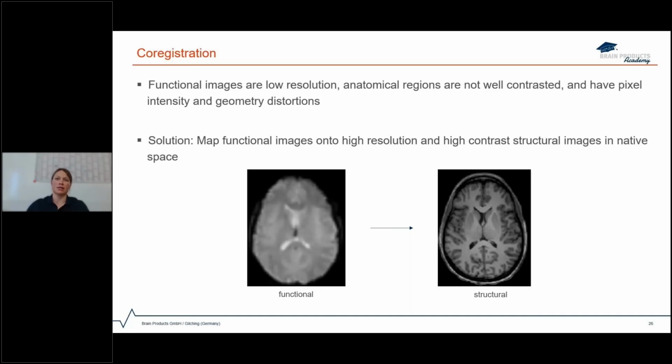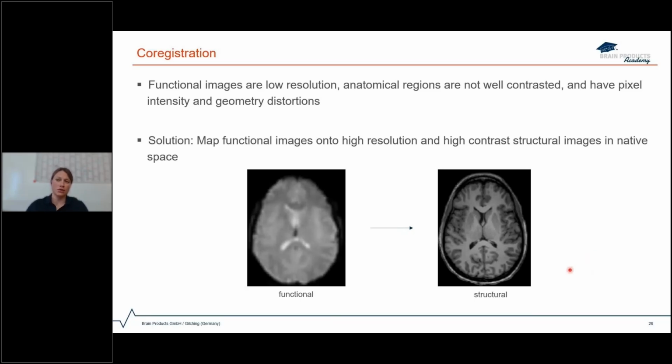So it's difficult to discern different tissue types, and it's also difficult to really see different anatomical regions within these functional images. On the contrary, anatomical images have higher resolution, and they also have good contrast. So we can see different brain regions much more easily in these.